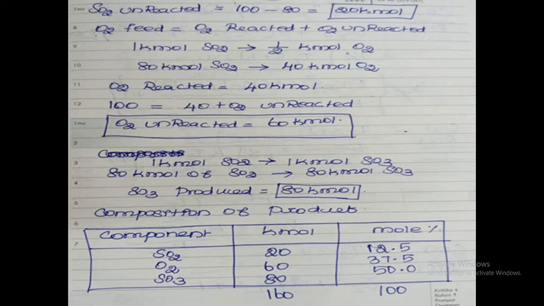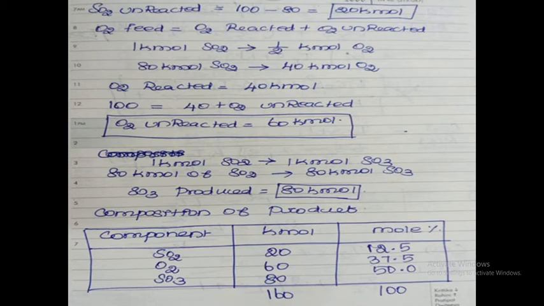So what do you do here? You should write the material balance of oxygen. Oxygen feed is equal to oxygen reacted plus oxygen unreacted. Similarly, the same procedure here. As per the reaction, 1 kilomole of SO2 reacting means half kilomole of oxygen is required.